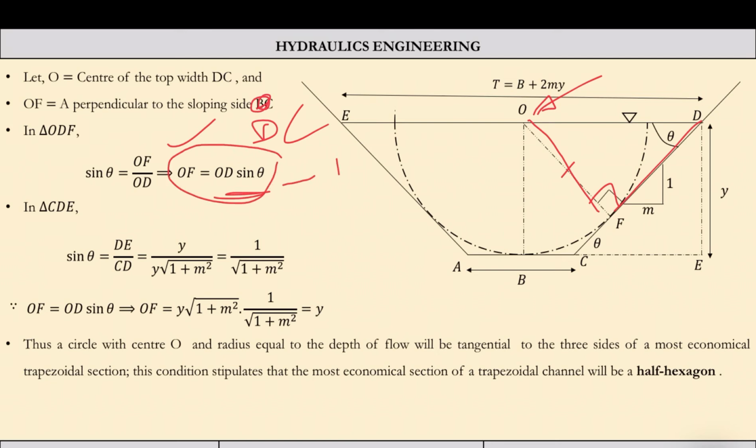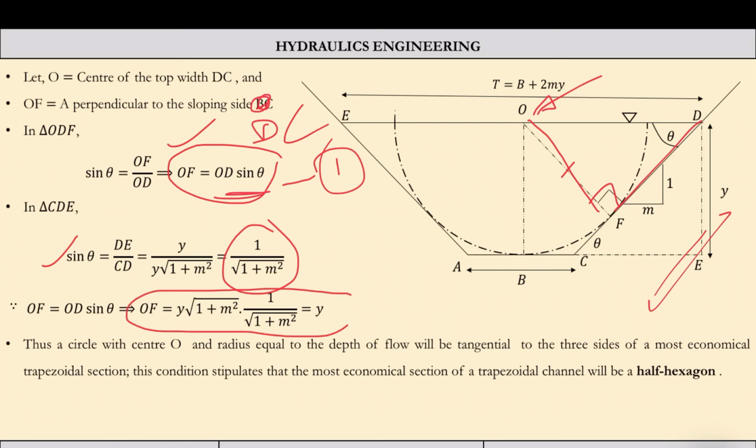That is the first equation. Now in triangle CDE, here also we are calculating sin theta. So the sin theta value is coming out to be 1 by root over 1 plus m square. You can calculate it from this triangle. This implies OF is nothing but y only.